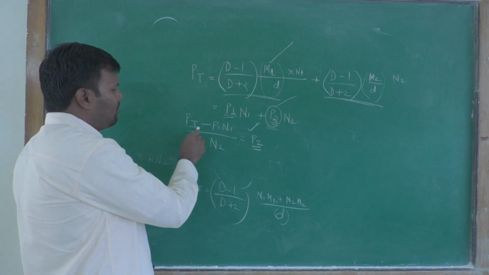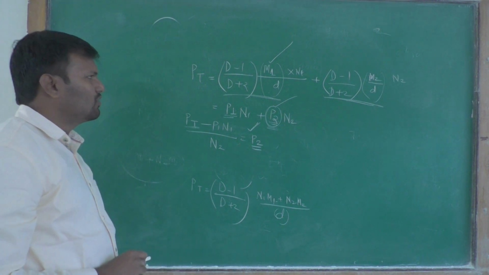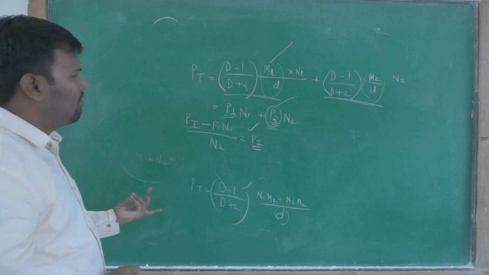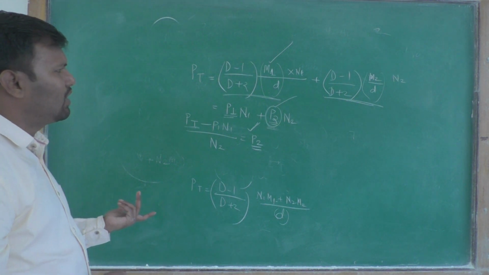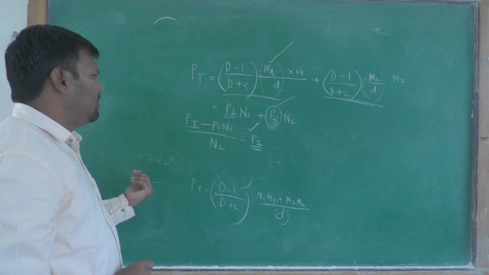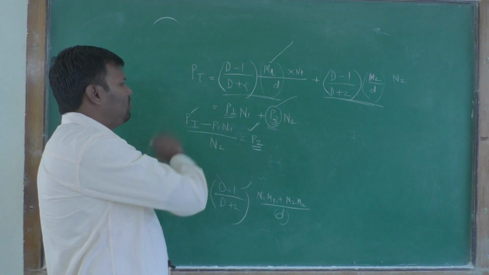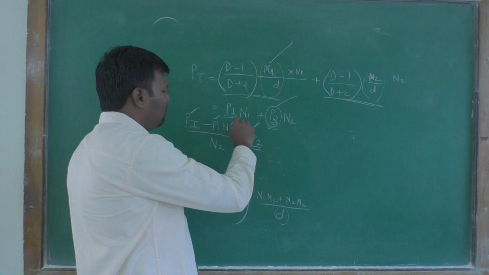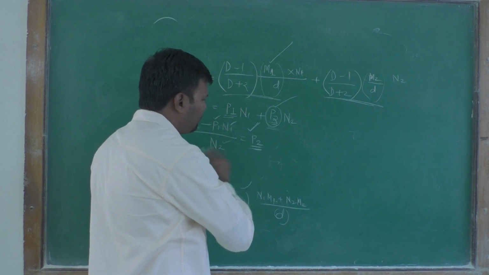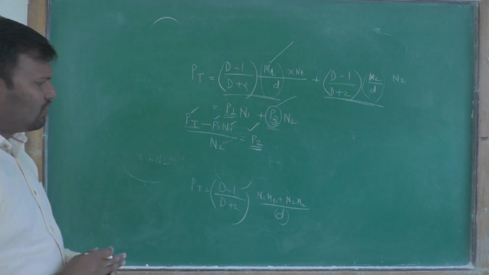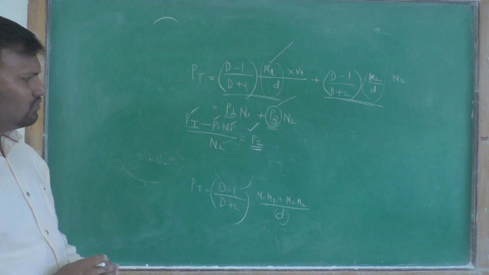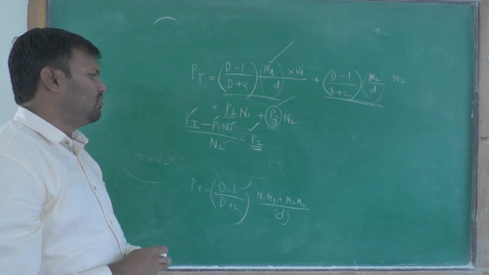That Pt is the total polarization. We can find the total polarization, and by knowing these values, P1, n1 and n2, you can find out the P2 value, that is the polarization of the solute.